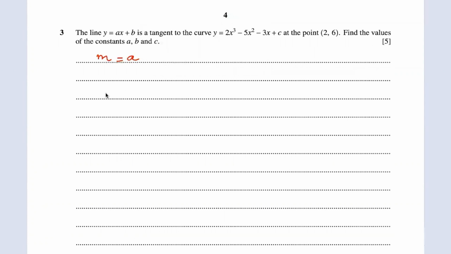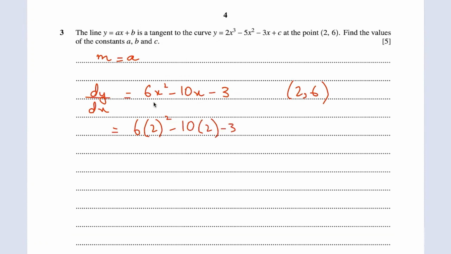So dy/dx for the curve is 6x² − 10x − 3, and the point is (2, 6). Substituting x = 2, we get 6 times 2² − 10 times 2 − 3. And we know that the gradient is equal to a. So a = 24 − 20 − 3, a = 1.